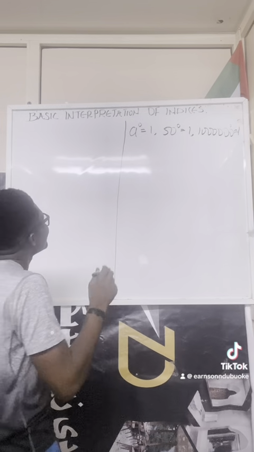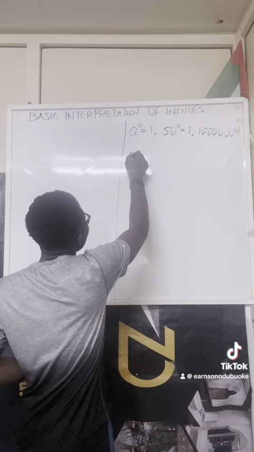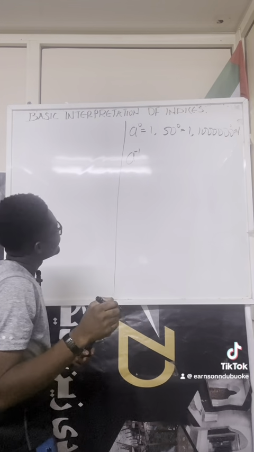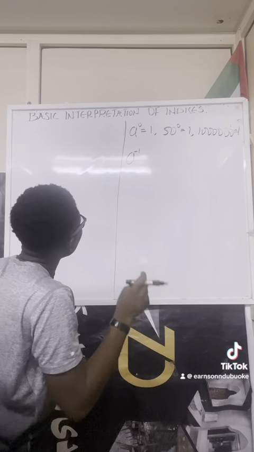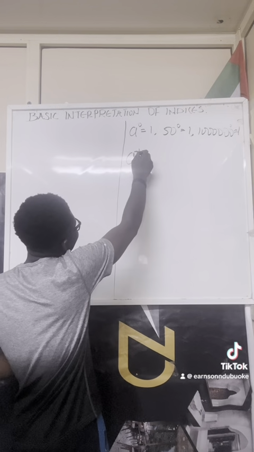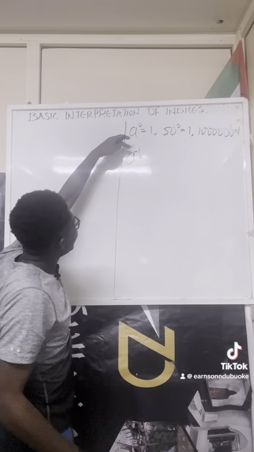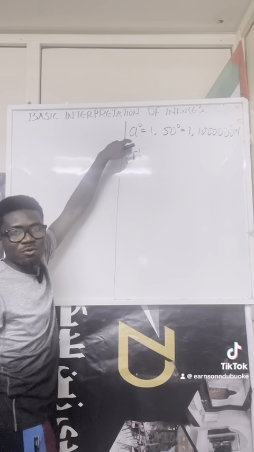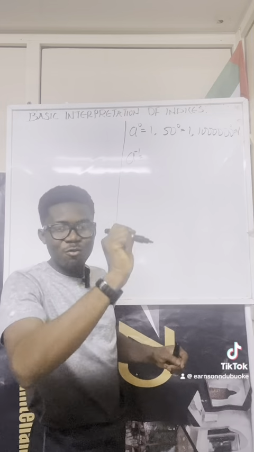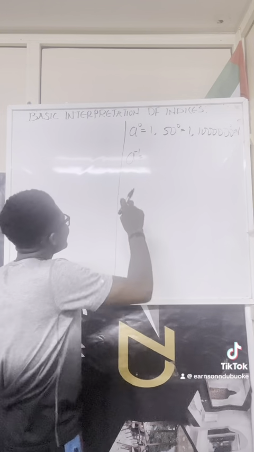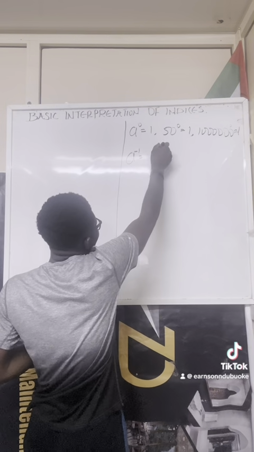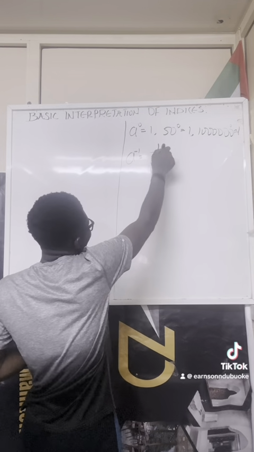That is, when you have a raised to the power of minus 1, taking this negative as a reciprocal, and a reciprocal means 1 all over the number, it is equal to 1 all over a raised to the power of 1.